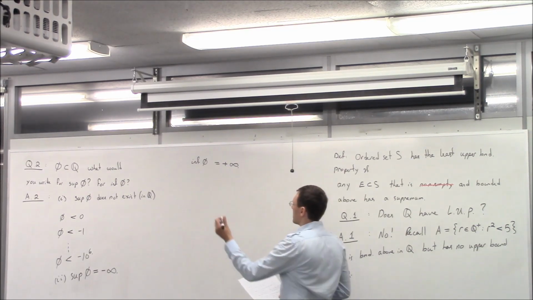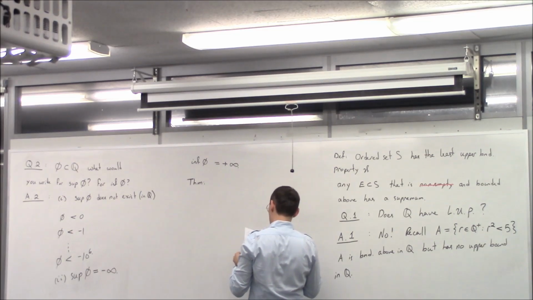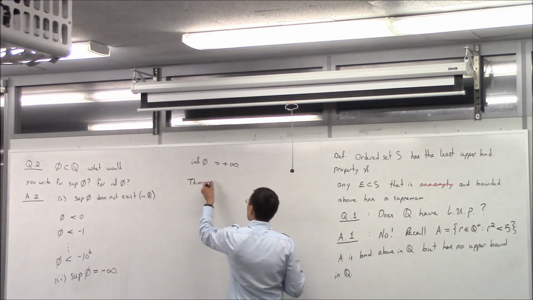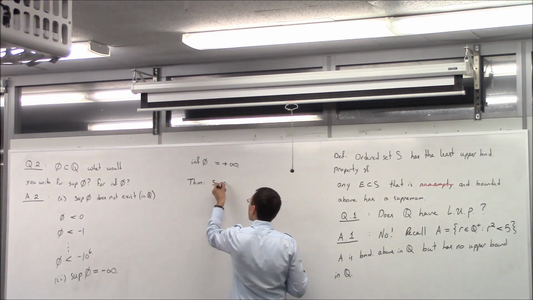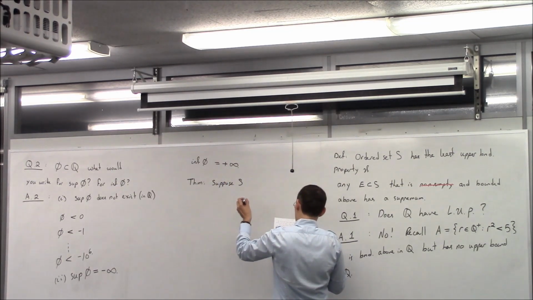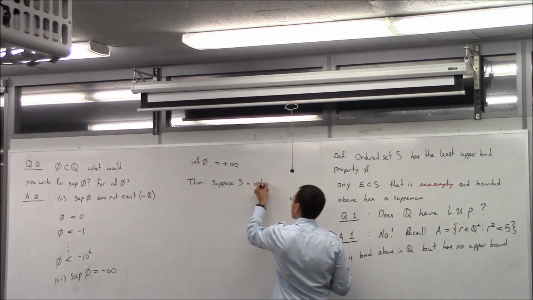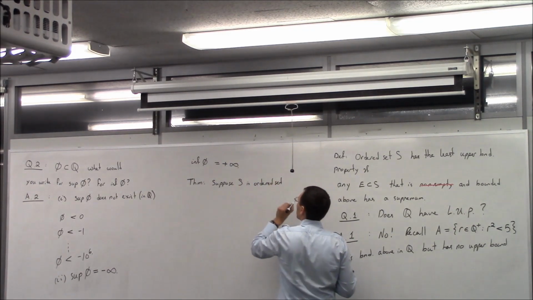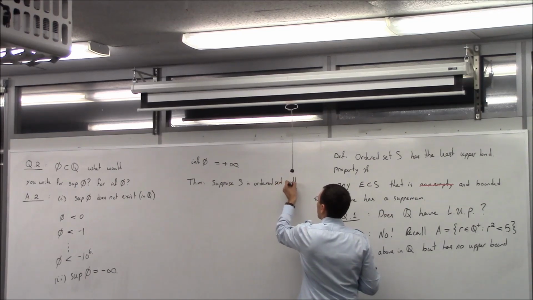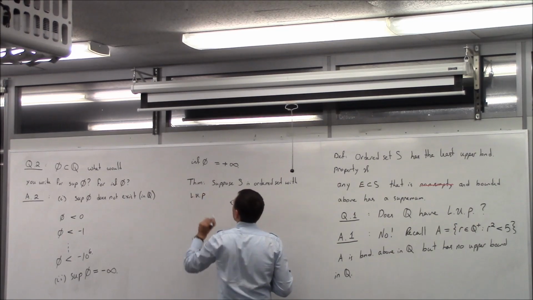So here is a theorem. Suppose S is an ordered set with the least upper bound property.